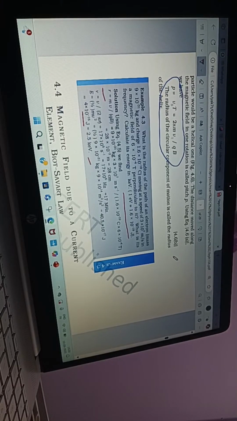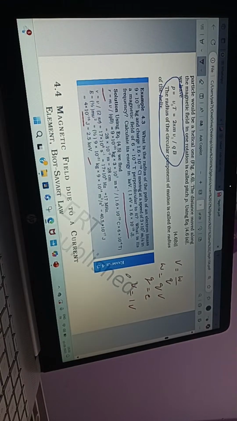Work is equal to what? E is equal to force into distance, W by Q. W is equal to QV, and Q is equal to e and V equal to 1 volt.